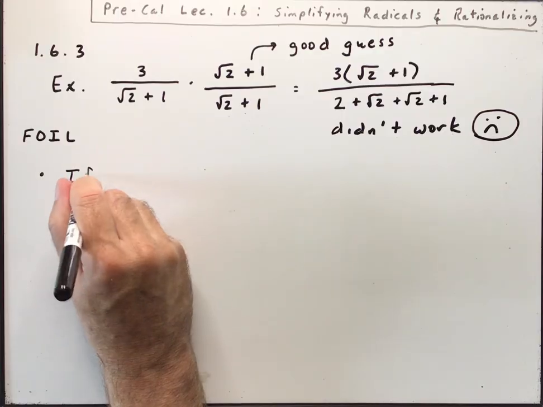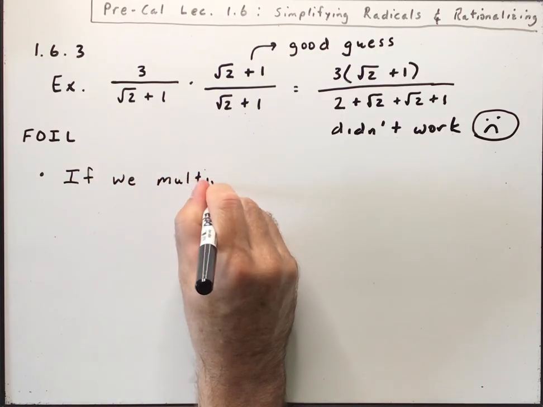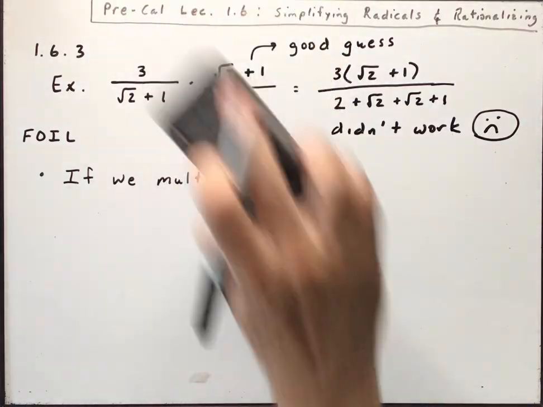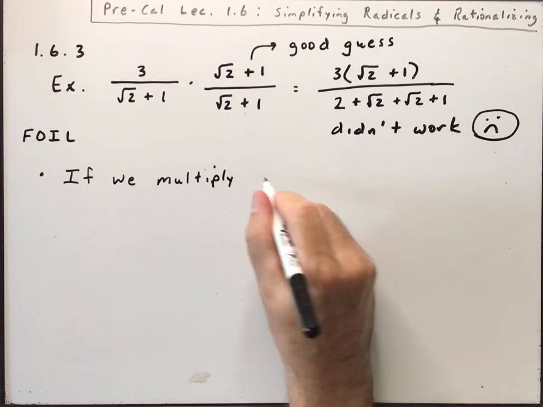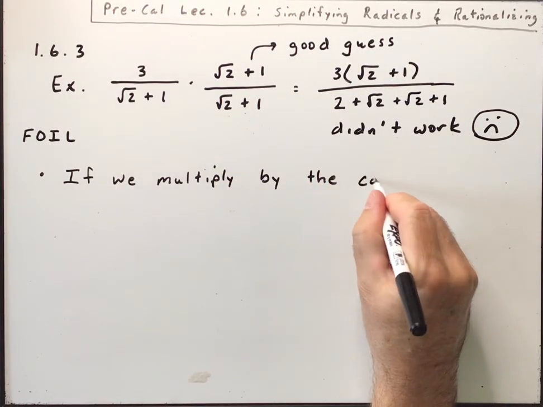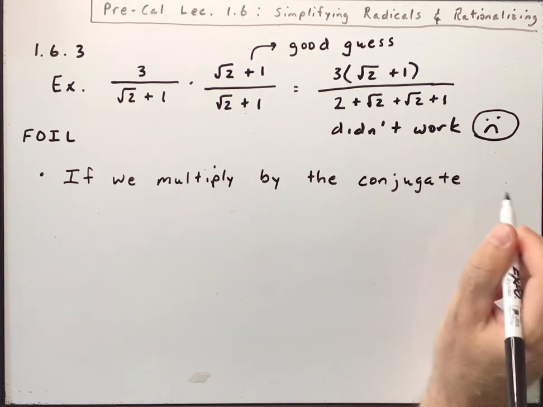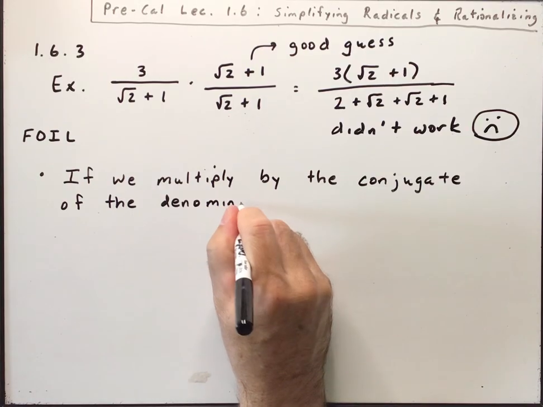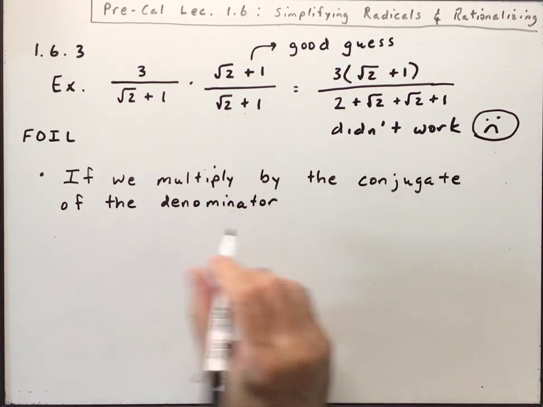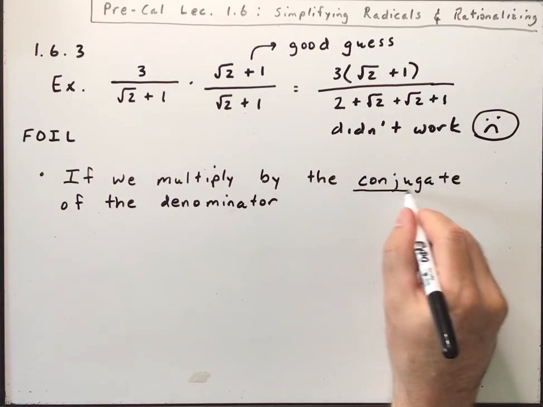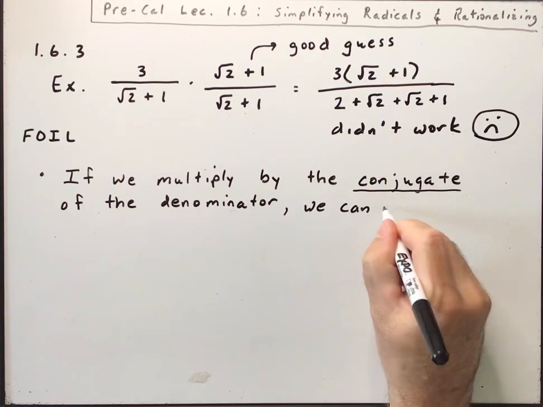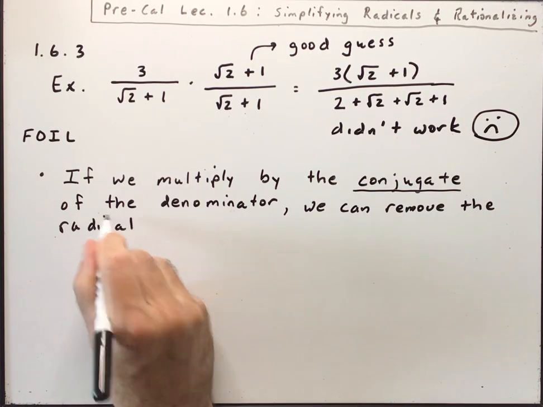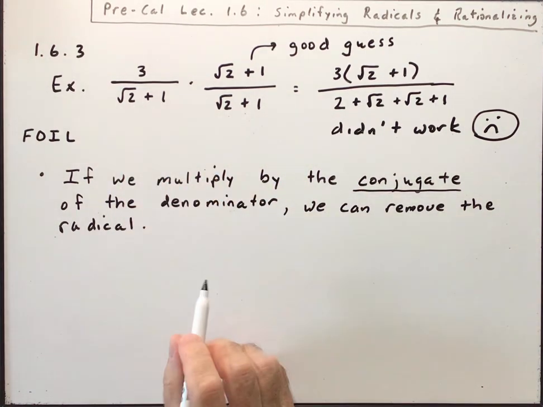If we multiply by, I'm going to rewrite this sentence, by the conjugate of the denominator, so it's the conjugate divided by the conjugate, the exact same thing, we can remove the radical. So conjugate.